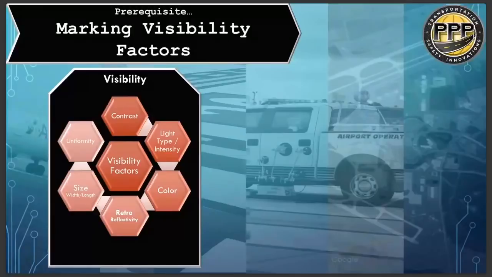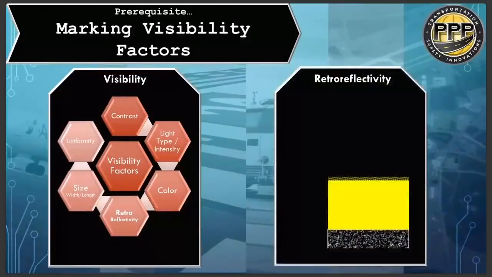And then uniformity. We'll talk about how uniformity helps communicate an accurate message to the end users, and that's people in ground vehicles, certainly pilots as well. So we'll get into the actual reflectivity and how that works next, I believe.